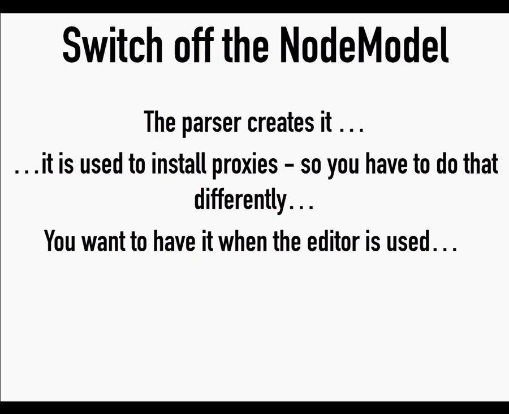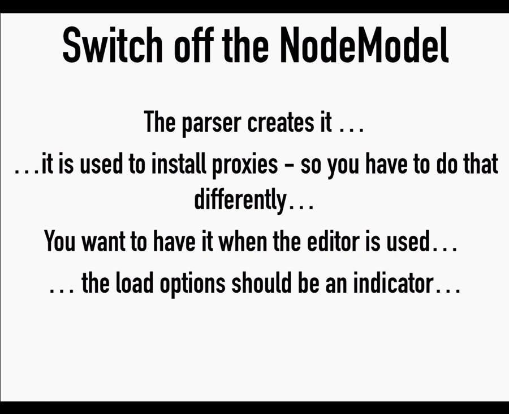So we have to introduce a strategy to do that. And you might know in the resource set there are these load options, and this is an indicator if you're in the indexing phase or not. I mean, if the builder is running, the load options are different compared to if the editor is open. So in your implementation, you have to take care that depending on the load option, you do things differently.